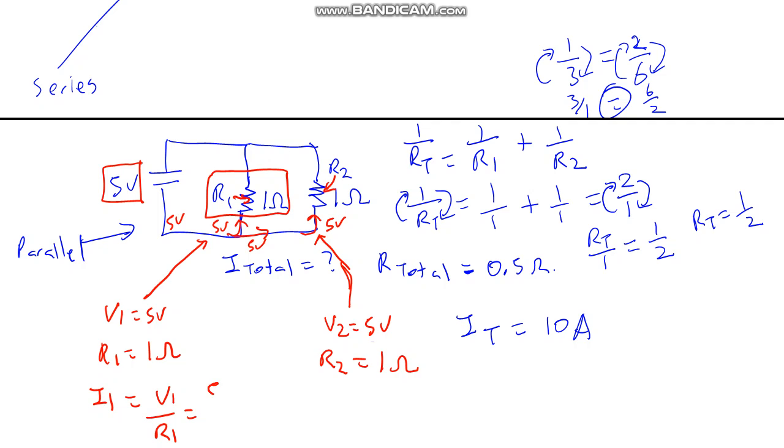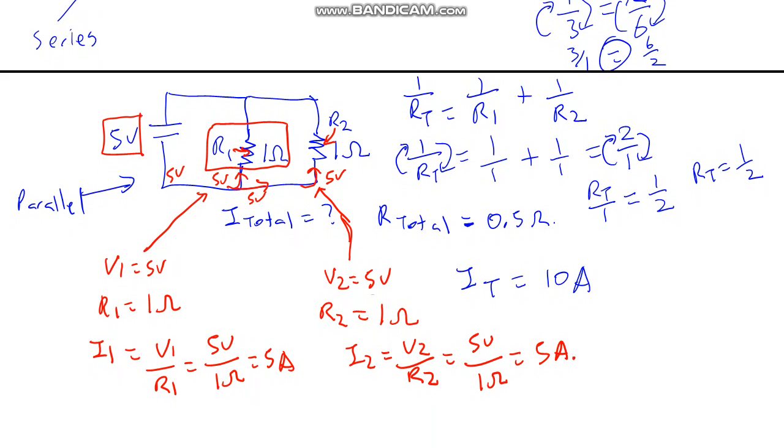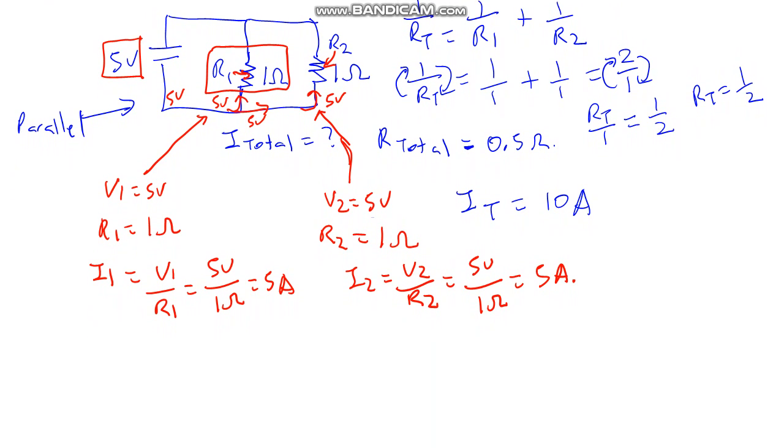In this case, 5 volts over 1 ohm, which gives you 5 amps. And for resistor 2, you again have I2 is equal to V2 over R2, which gives you 5 volts over 1 ohm. So that would give you 5 amps. Okay, so that's the way to figure out the parallel circuit. All right, let's do another one.